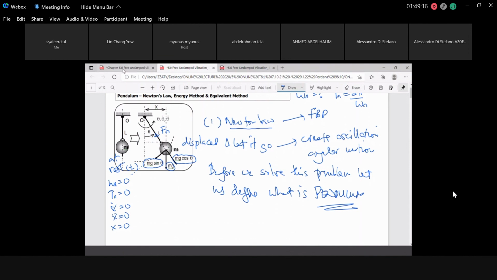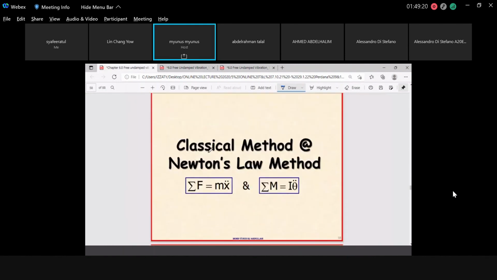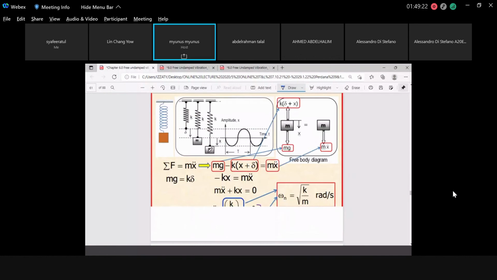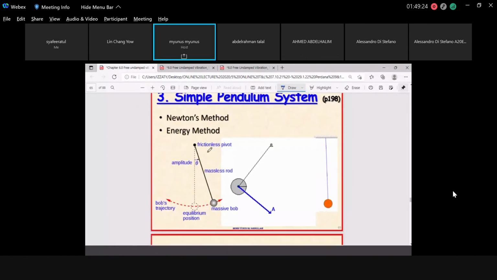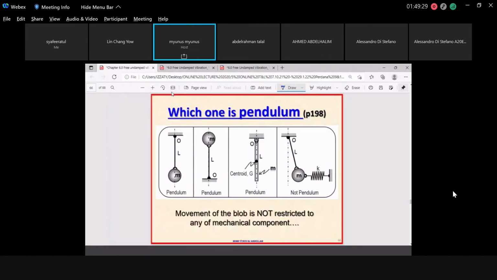We go back to the figure because I don't want to keep drawing the pendulum, as my drawing is not as good as what you have in your notes. So what is the pendulum?